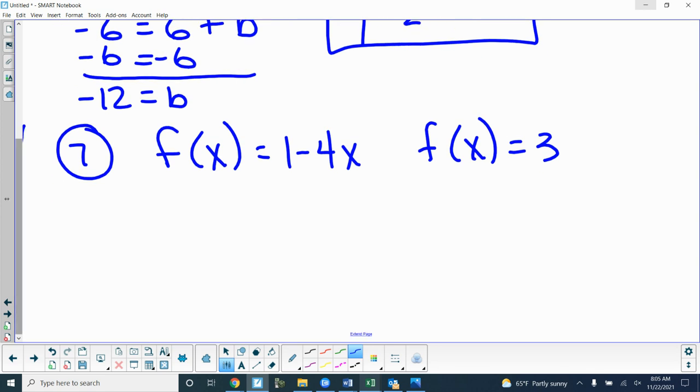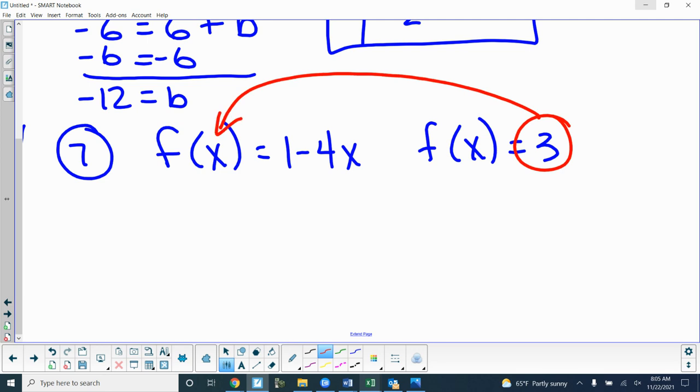All right? So that means we're putting this 3 in for f of x. That's all. Not in there. That's the mistake kids will make. They'll put the 3 here. No good. You put the 3 in for f of x because that's what it says f of x equals.